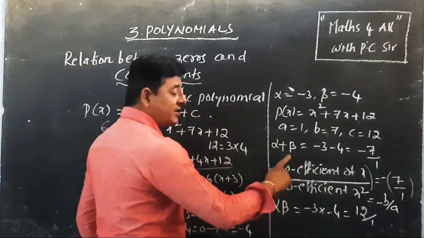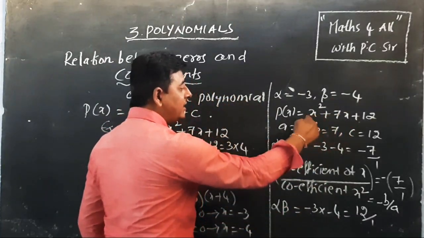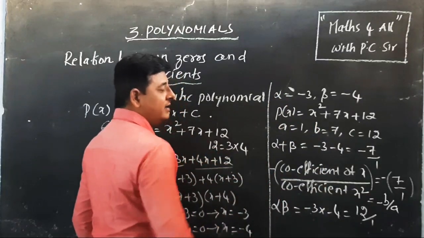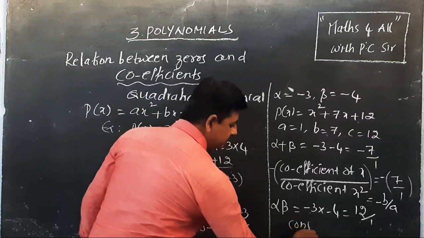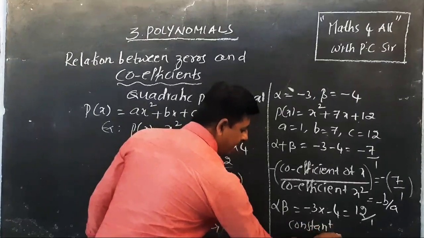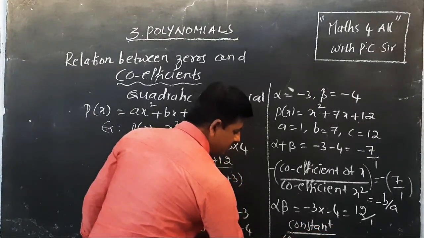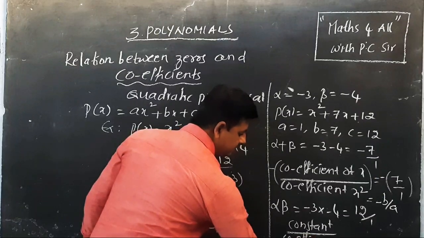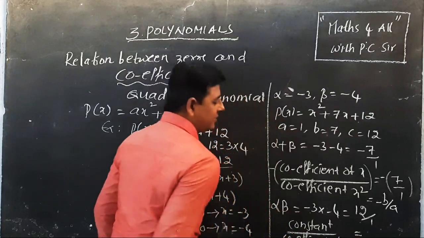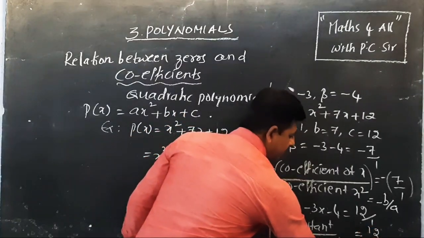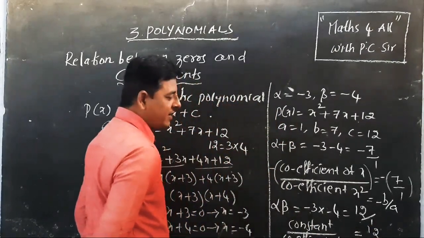And what is the ratio between the constant and the coefficient of x square in the given polynomial? Constant by coefficient of x square is equal to 12. The coefficient of x square is 1, so 12 by 1.